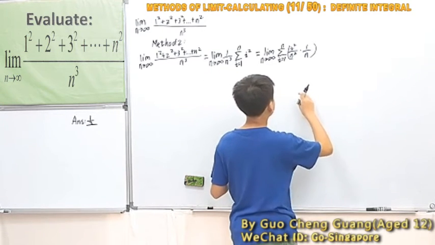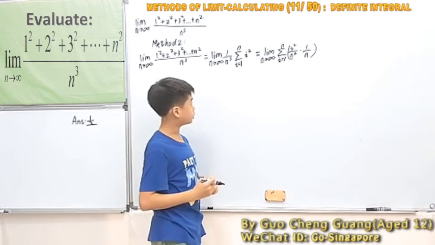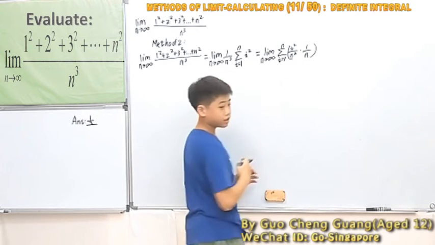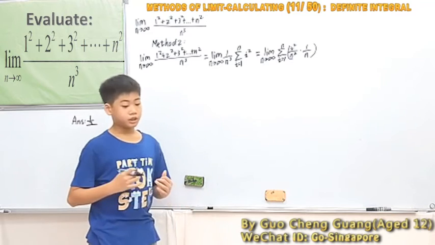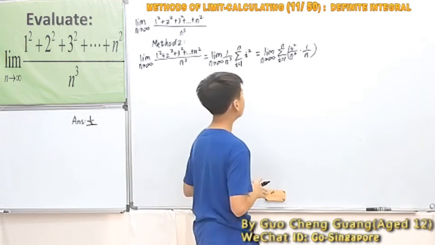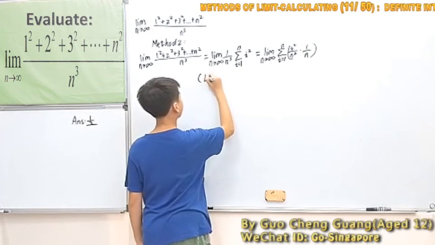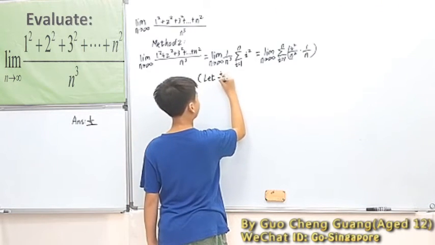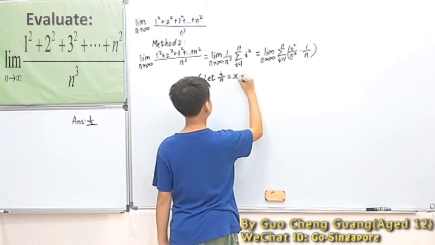Well, at this part, this I squared over n squared, we can make a substitution so that we could change this into a definite integral, and the part behind the 1 over n, which approaches to 0, we'll just make it as dx. So for this, we'll let I over n be xi.